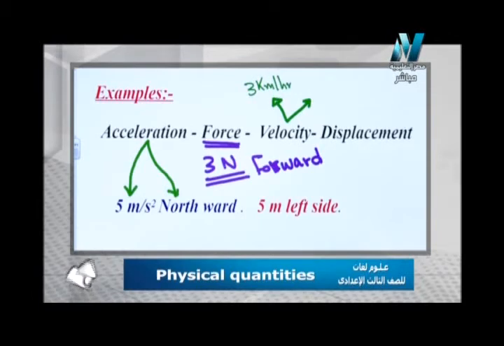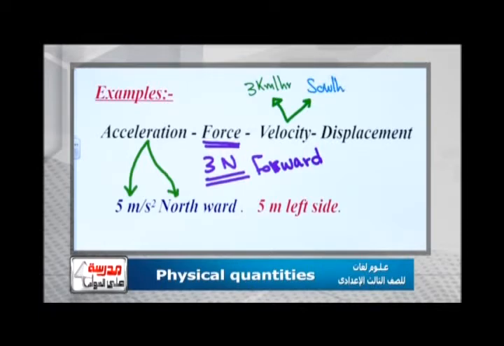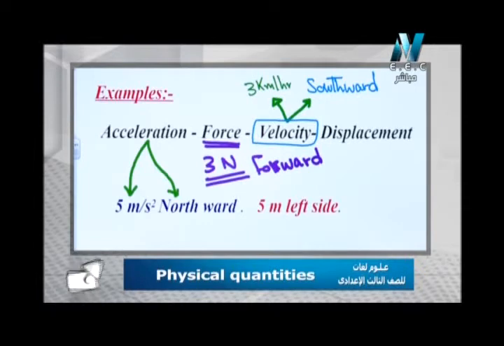But we need to know the direction, for example southward. جنوبا. So we identify velocity by number one, magnitude, and number two, direction.